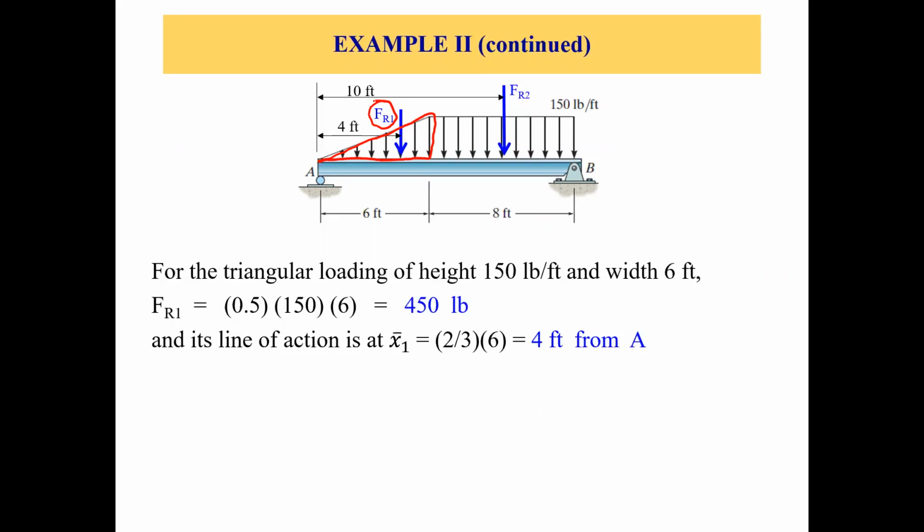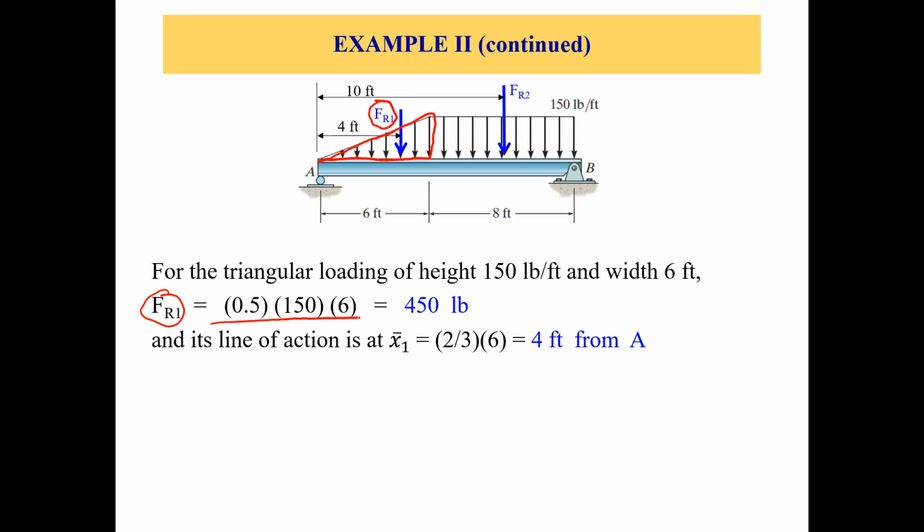So what is the value of FR1? What is the magnitude? We just need to find the area of this triangle, right? So 1/2 times base times height. So FR1 equals 1/2 times 150, which is the height, and 6 feet, which is the length, or we can say the width.